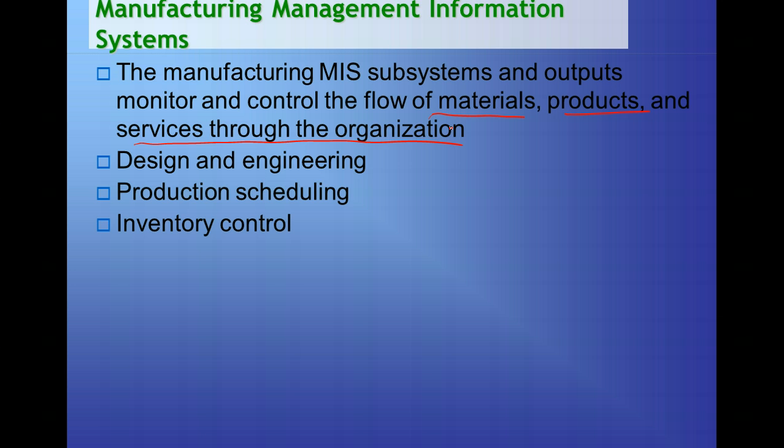We monitor the process where the raw materials are converted to finished goods, to make sure that at each stage of the manufacturing processes, our time efficiency is met, as well as quality controls. So for example, car manufacturers convert steel, plastic, and other materials into a finished car.